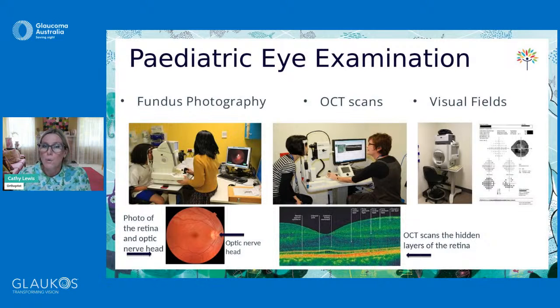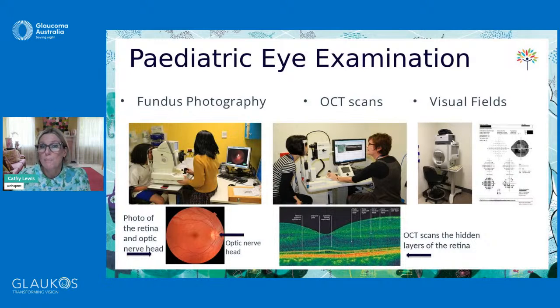So this machine requires the child to sit still once again and look at a bright light while those scans take place. Now, when testing children around the age of 3 or 4, we can change the settings to take faster scans, but they are lower quality. So from the age of 5 or 6, as a child's cooperation improves, we can take slower, better quality scans that give us more information.